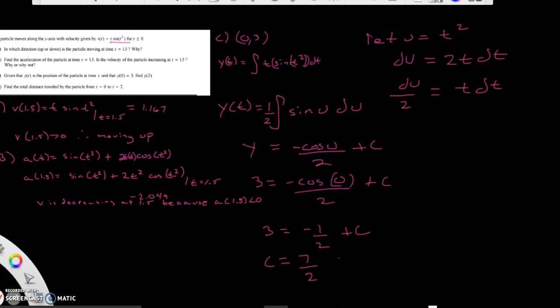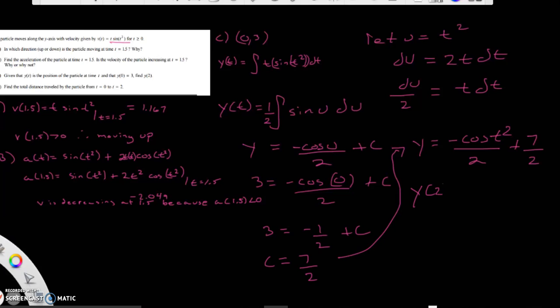So now back to our original, we could say y equals negative cosine of t squared, over 2, plus 7/2. Okay, and now we're going to need a calculator, and we plug in y of 2.